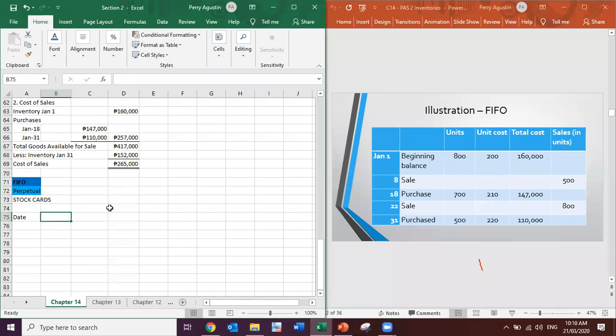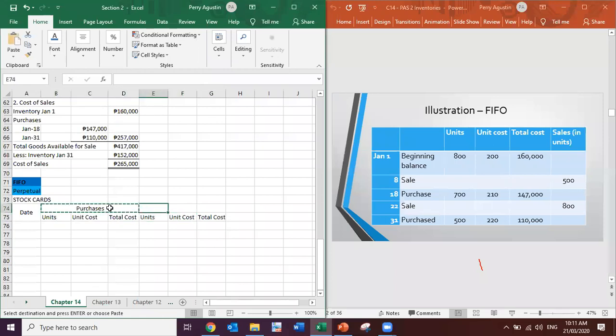So we have our units, then we have our unit cost, then we have our total cost. But this will be directly attributable only to your purchases, all right? Then we're going to do the same for your sales.